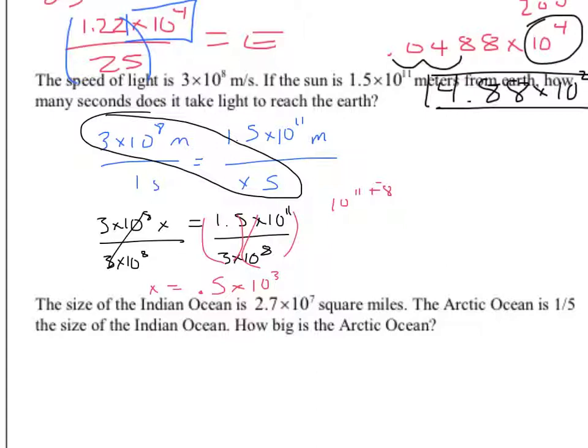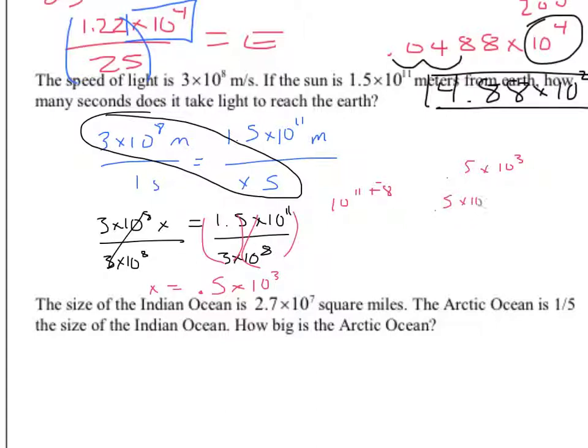Kip yes or Kip no, is this in proper scientific notation? No, it is not. So we have to take 0.5 times 10 to the third. I need to move the decimal once to the right. Is that a multiplication of 10 or a multiplication of 1/10? 10. Do I have any 10s already? Yes. All right.